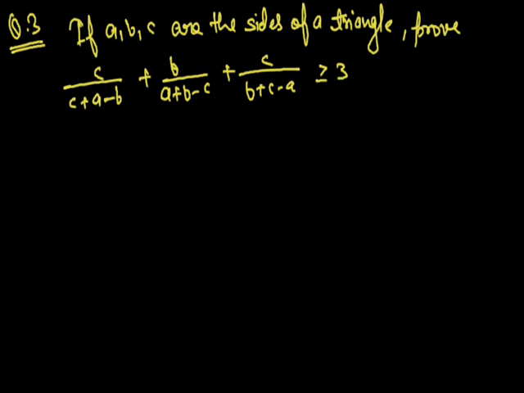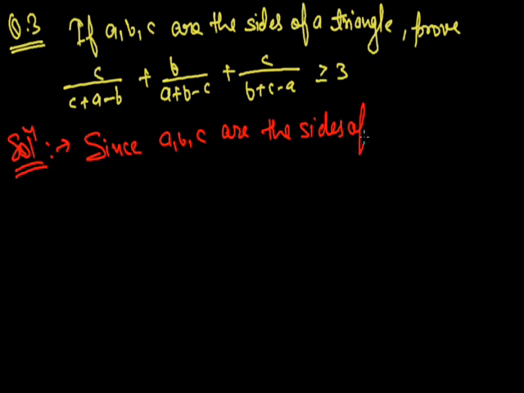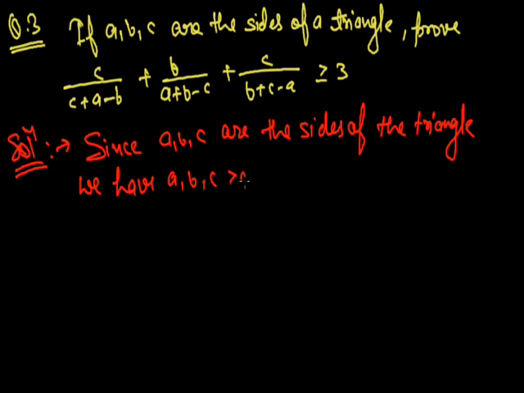Let us try to solve the given question. Since A, B, C are the sides of a triangle, the values of A, B and C will always be positive. So we have all A, B, C greater than 0.